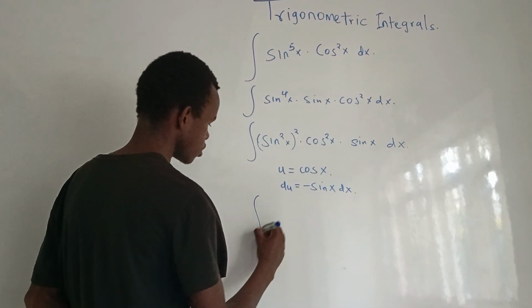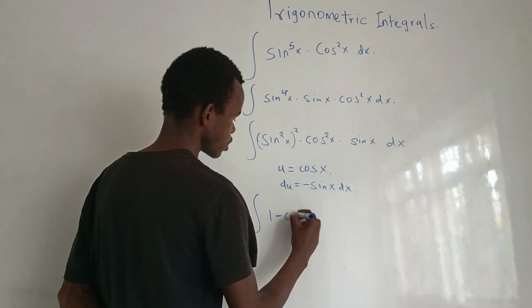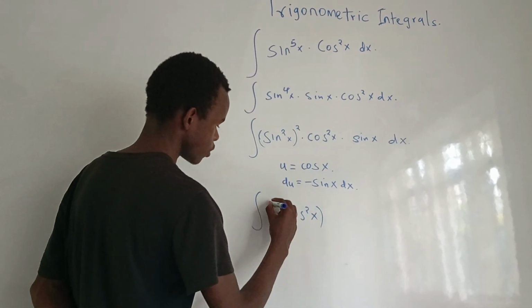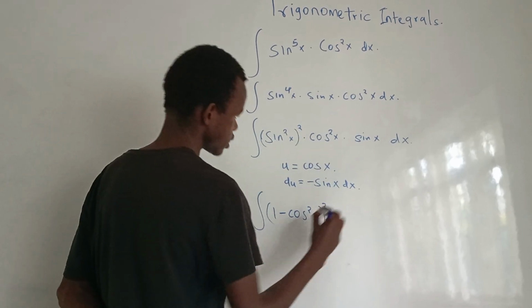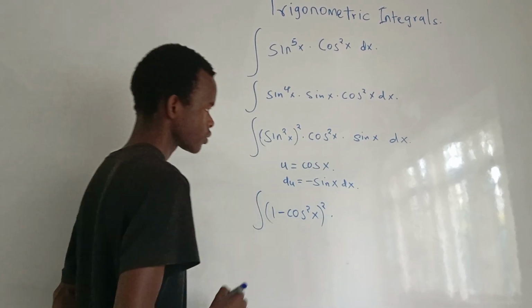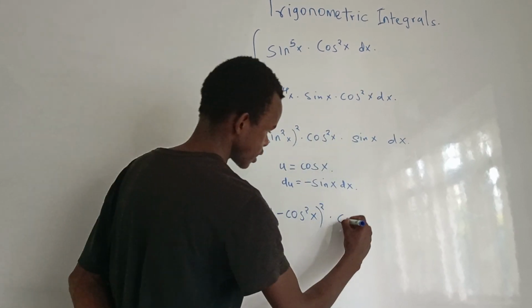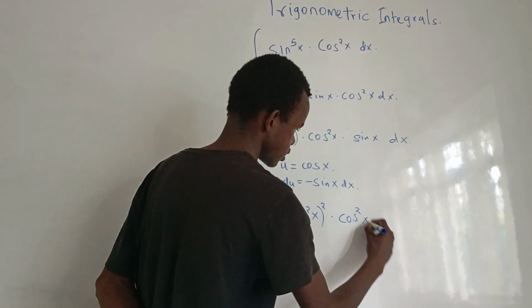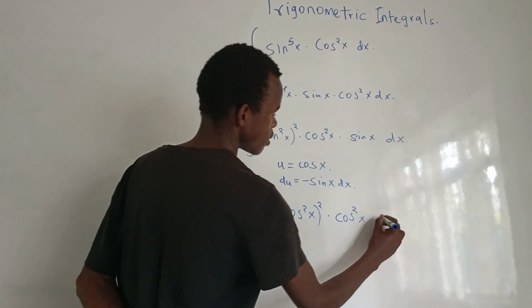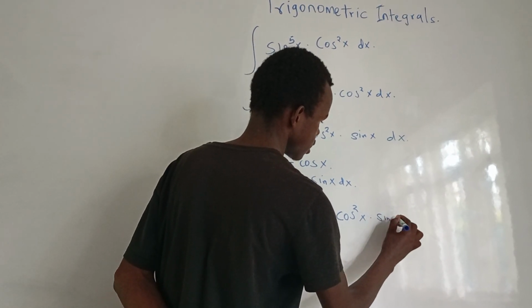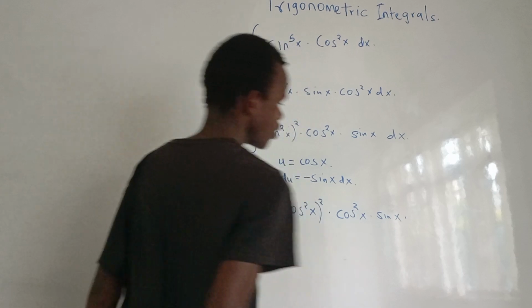So my integral will be 1 minus cos squared of x, then that whole thing, I square it, multiplied by cos squared of x, okay, as you can see it's that way. Then I'll multiply by my sine of x, multiplied by my dx.